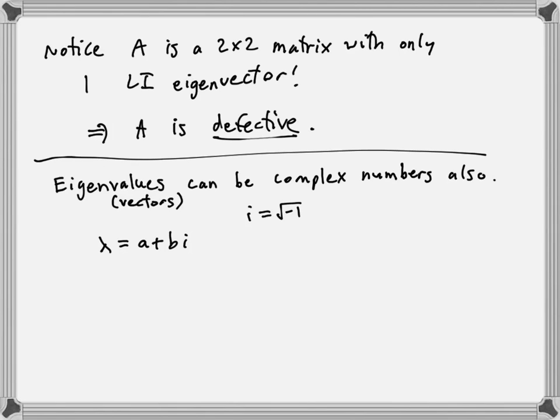What do I mean by a vector being, well, let's say we were talking about R2. Or not R2 in this case, right? We're talking about C2. What would C2 be? It means that you have vectors that are two sets of complex numbers. So it would look like this: c plus di and then e plus fi.